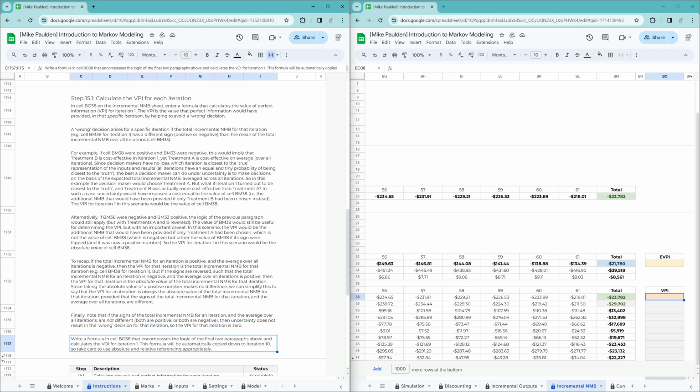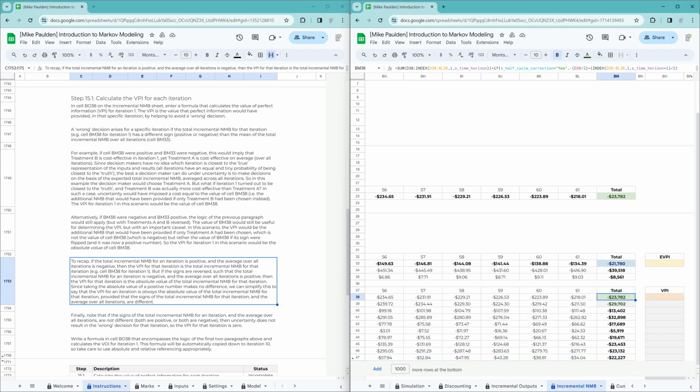Okay, so let's look at this to recap. So if the total incremental net monetary benefit for an iteration is positive, right? So if this were positive, this cell here, BM38, and if the average over all iterations is negative. So if this average here were negative, which it is, right? That is negative. Imagine for a moment that this was positive, okay?